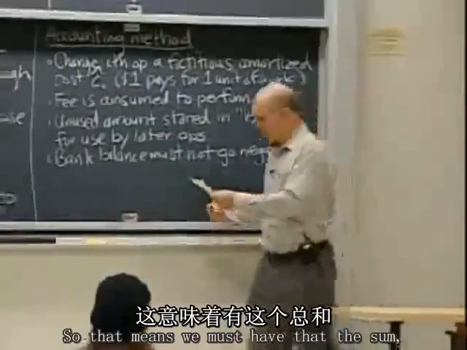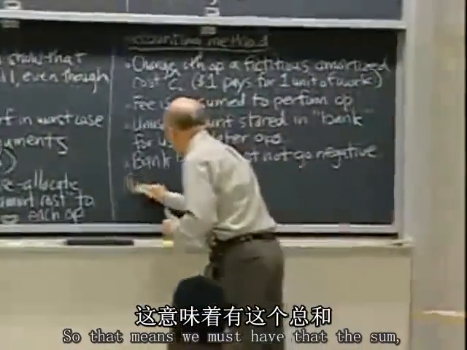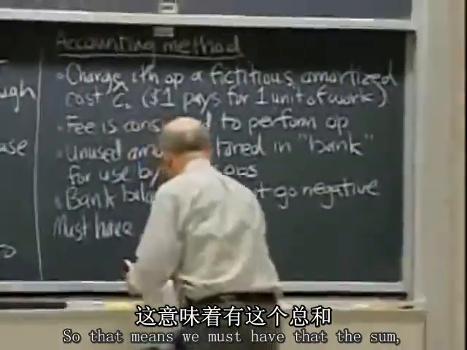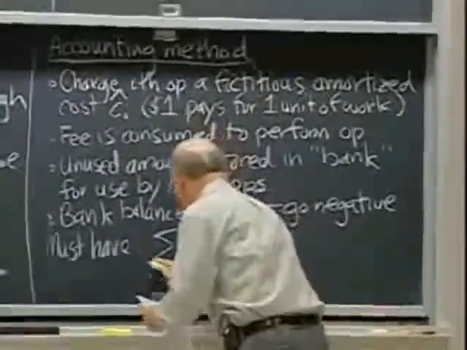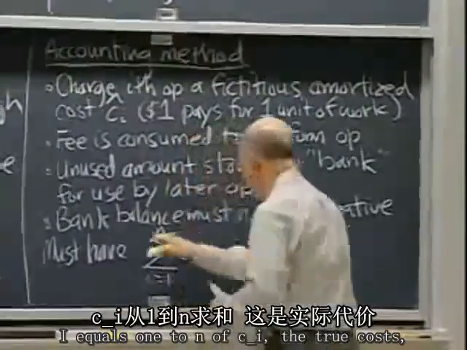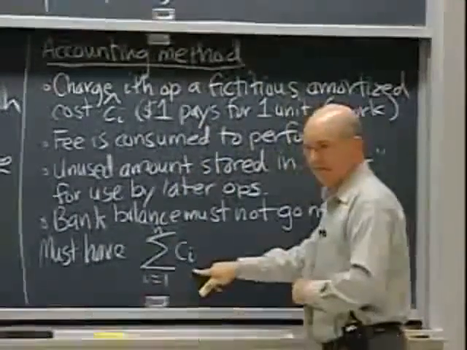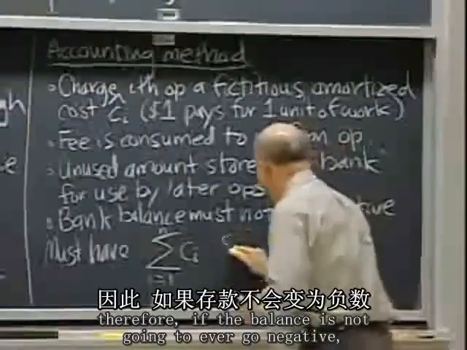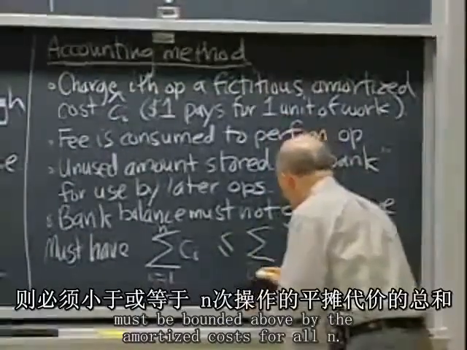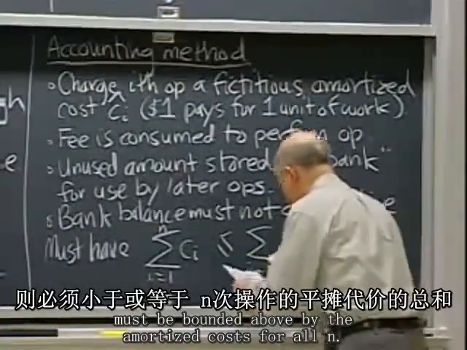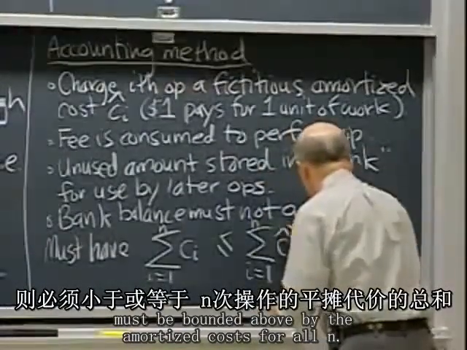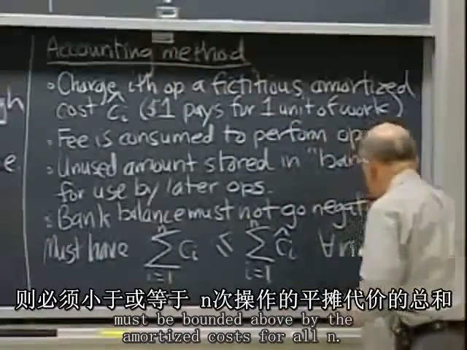So that means we must have that the sum i equals 1 to n of C sub I, the true costs, therefore, if the balance is not going to ever go negative, must be bounded above by the amortized costs for all n.